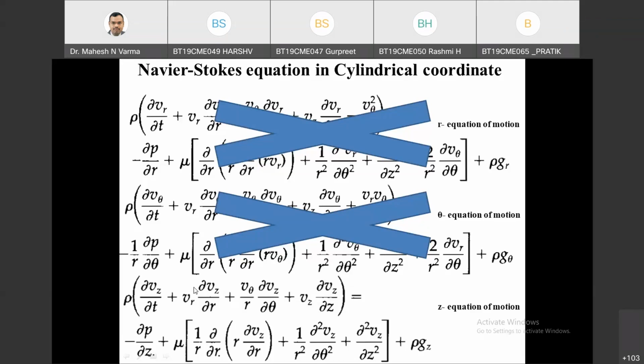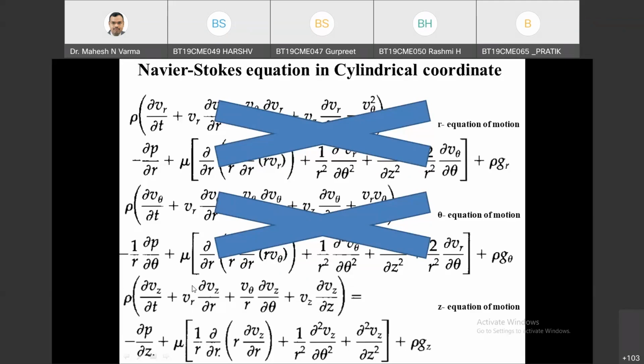Where is my cursor? Can you tell me what term I am indicating on the screen? dVz by dr. So is this only dVz by dr or something else is there with that term? Sir, Vr is 0, so the whole term is 0.